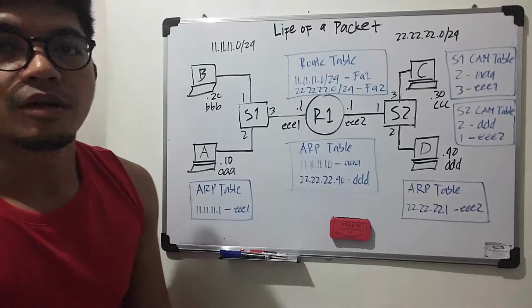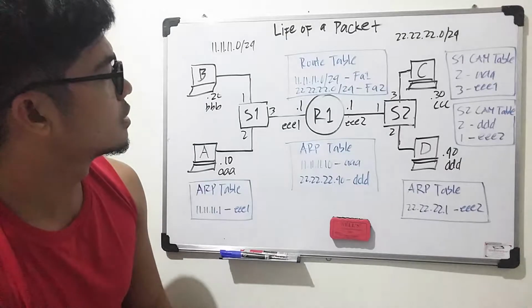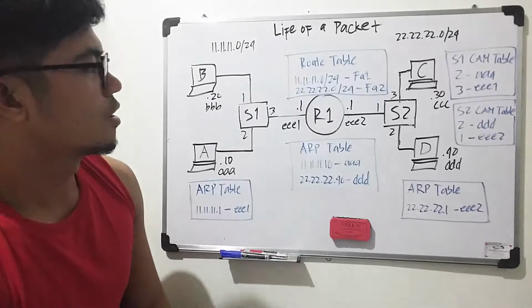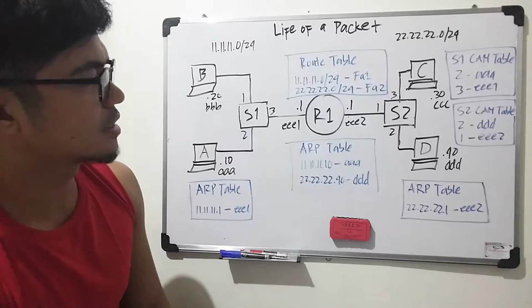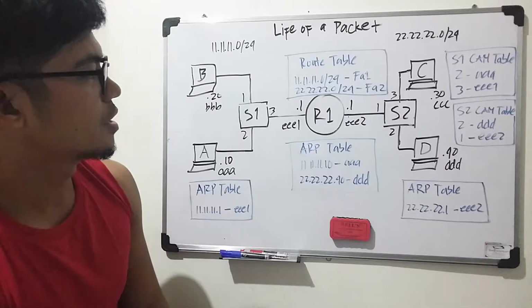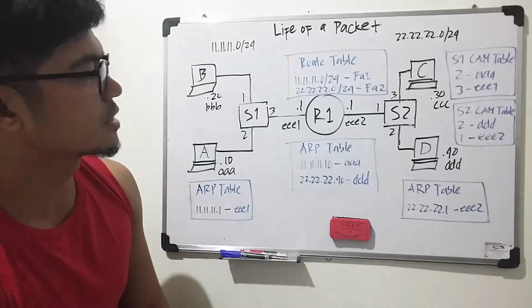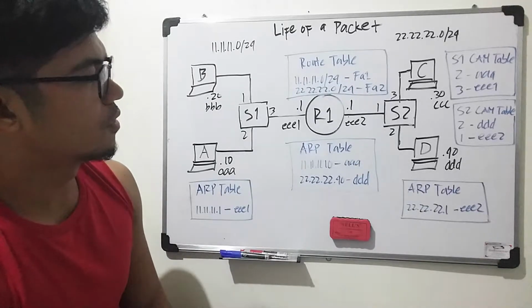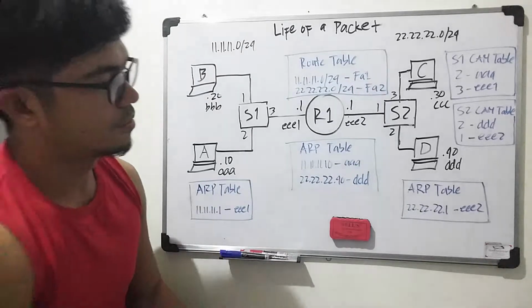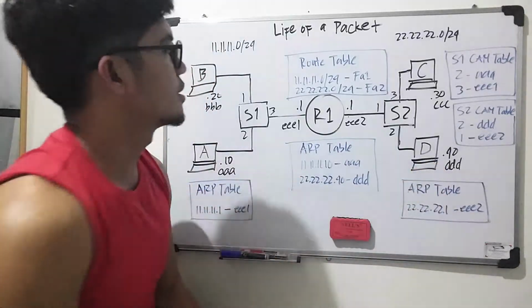But router 1 doesn't know host D's MAC address yet, so it's going to create an ARP request for host D's MAC address.